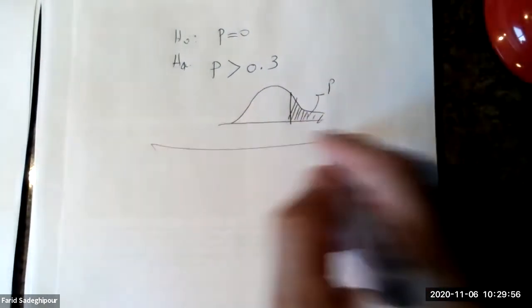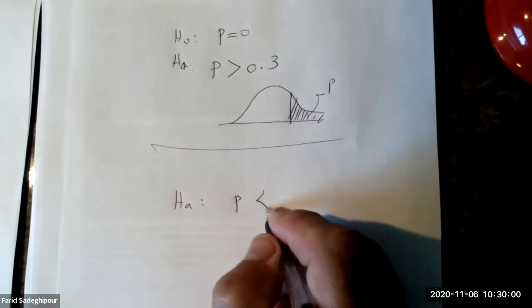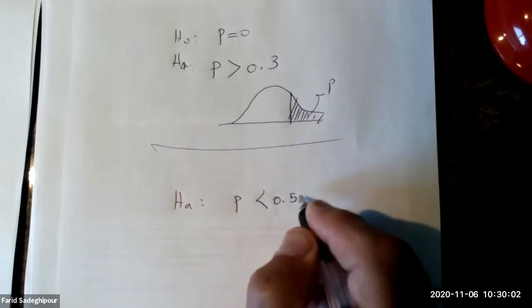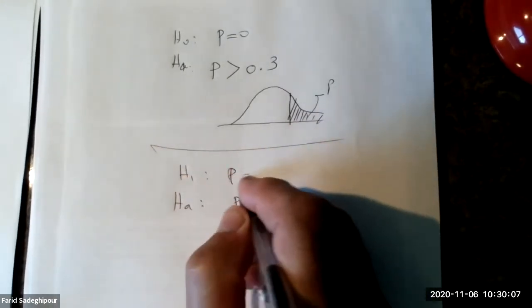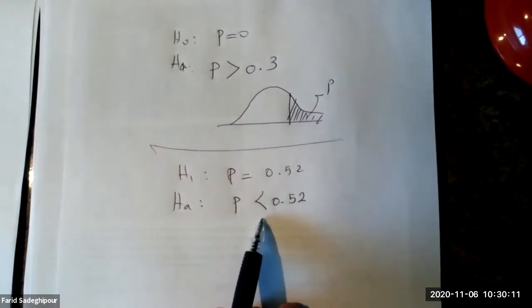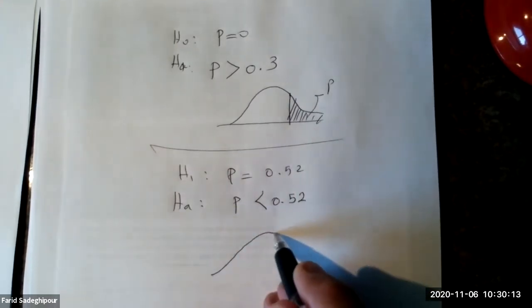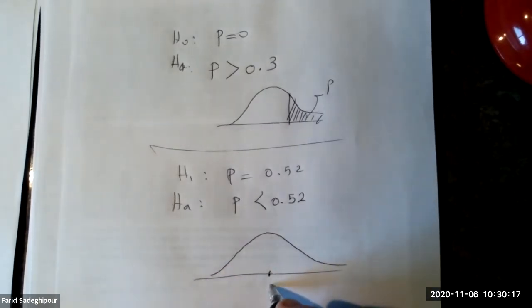Another example, let's say your HA is p less than 0.52, and H0 is always equal or the opposite. HA determines the area of your graph, which is less than 0.42.